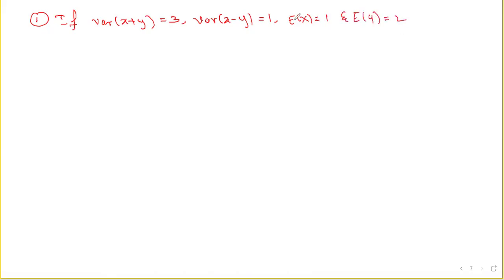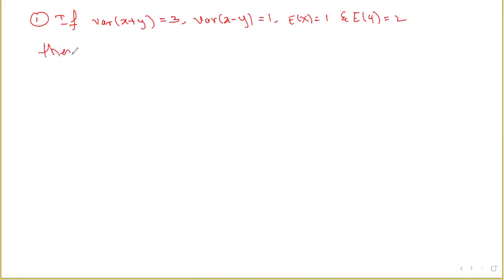Here, a good example, this one. If variance of x plus y is given, that is 3, and variance of x minus y is given, that is 1. Then they given expected value of x, that is 1, and expected value of y, that is 2.